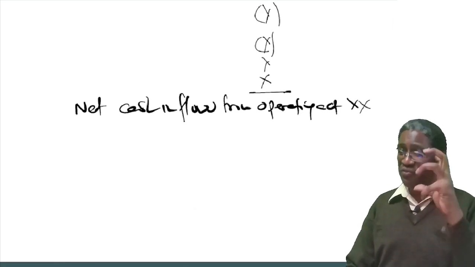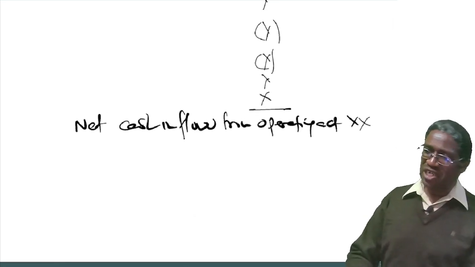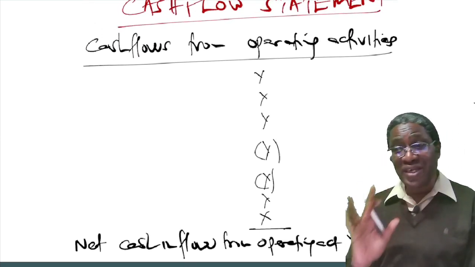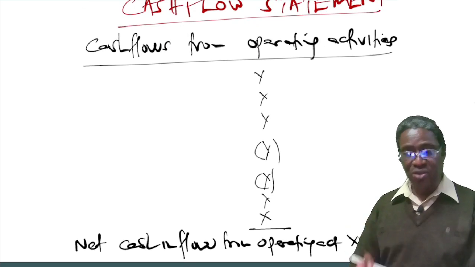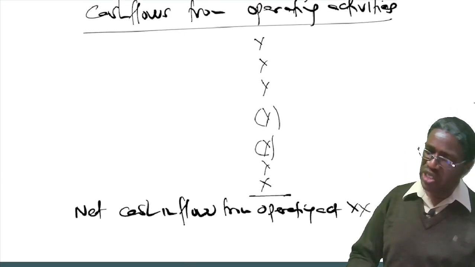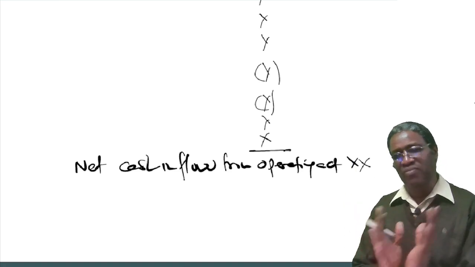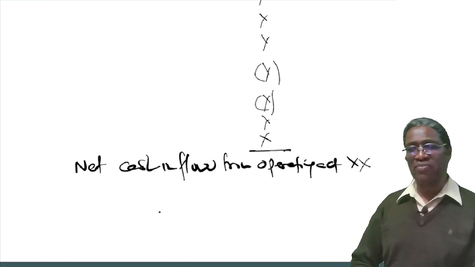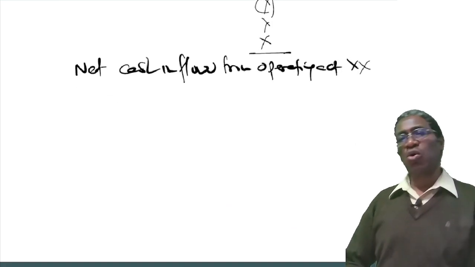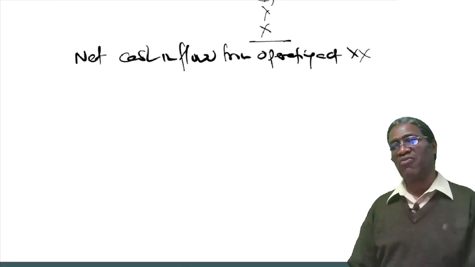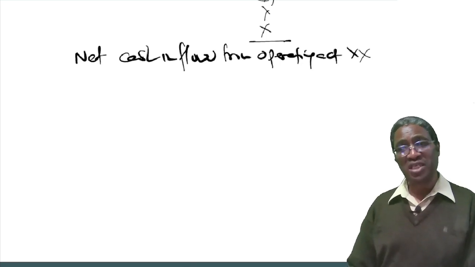So that's always the first category. You identify all the cash flows from your business that are from operating activities, get the overall net of all of them, push that amount to the extreme, and if it's positive, call it net cash inflow; if it's negative, call it net cash outflow from operating activities.